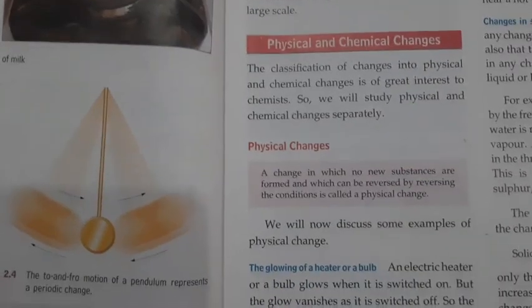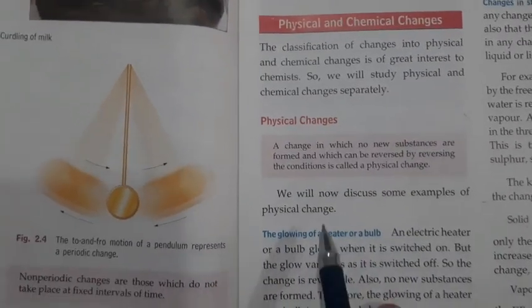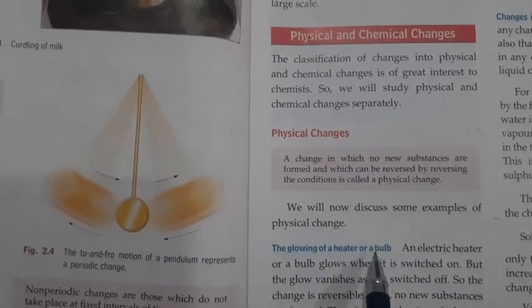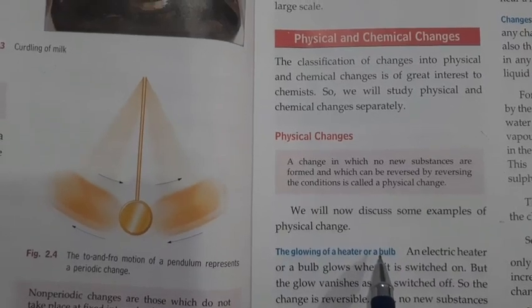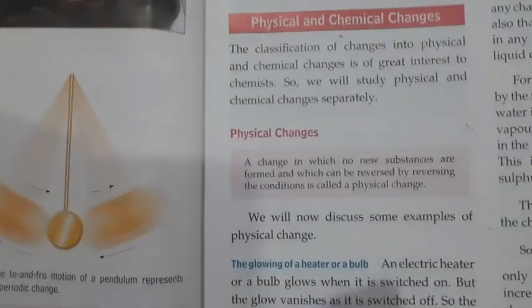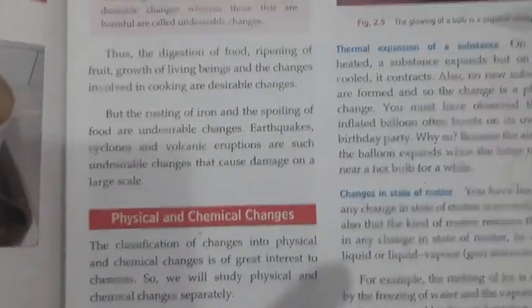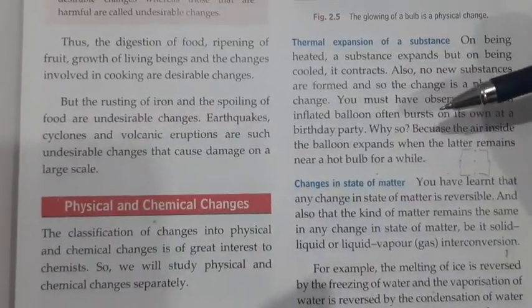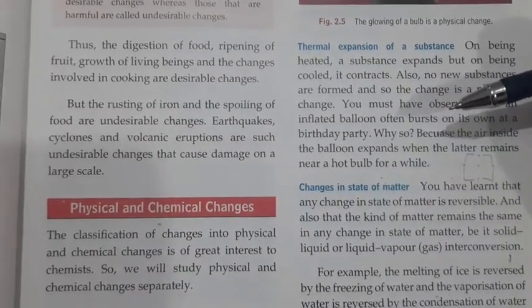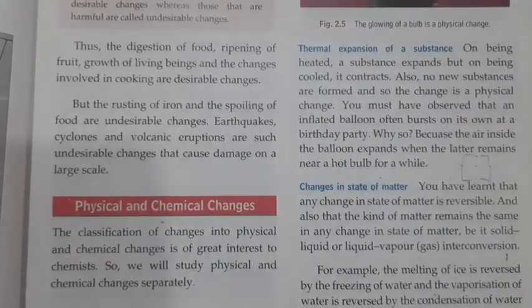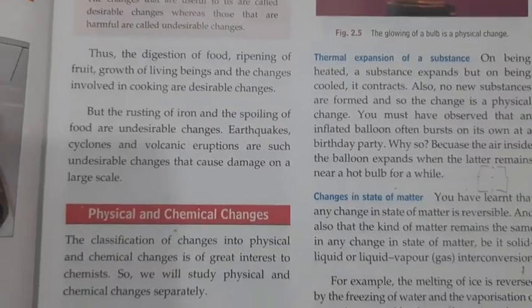Now we are moving towards physical and chemical changes. Glowing of a bulb is a physical change, right? Clear? Similarly, thermal expansion of a substance, like wires going from one pole to another in electricity poles, generally hang in summers and contract in winters, right?